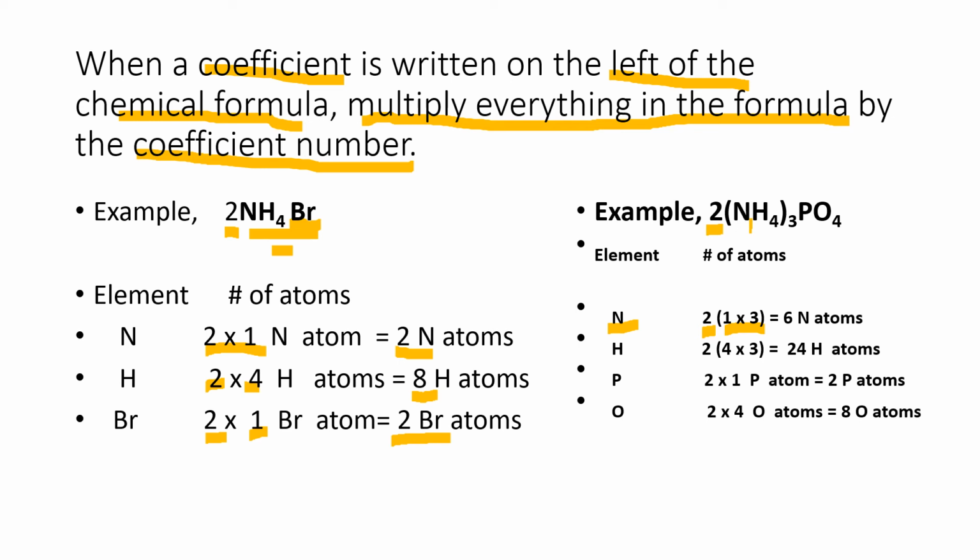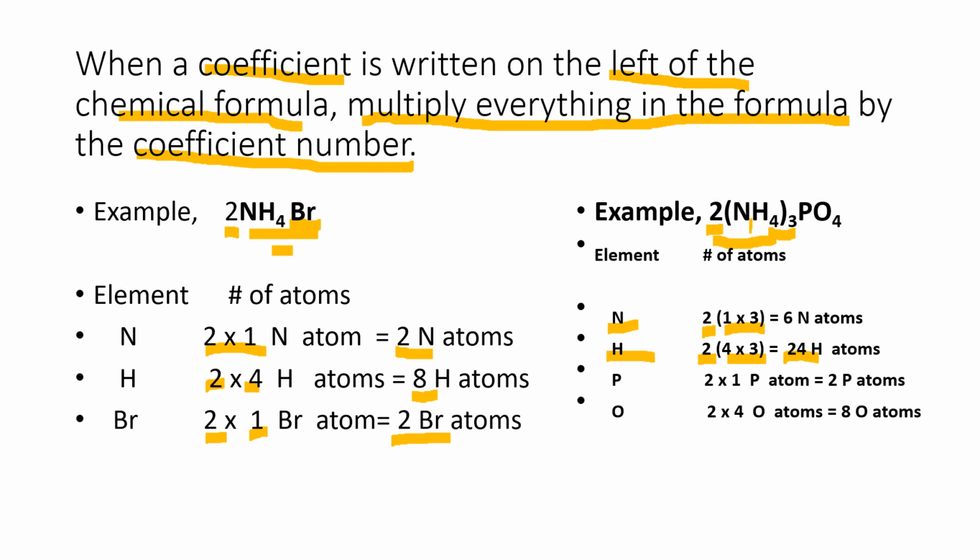Next is hydrogen. Inside the parentheses, you have subscript 4 of hydrogen multiplied by subscript 3 outside the parentheses and multiplied by the 2 coefficient. So that is why you have 2 coefficient times 4 times 3 is 12, so that will come out to 24 hydrogen atoms.